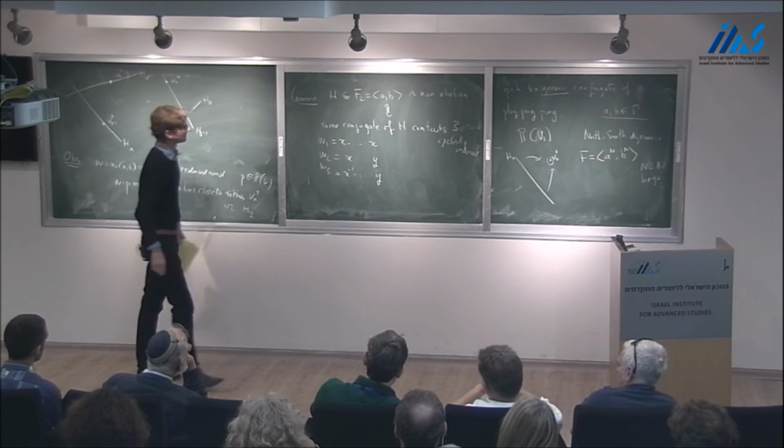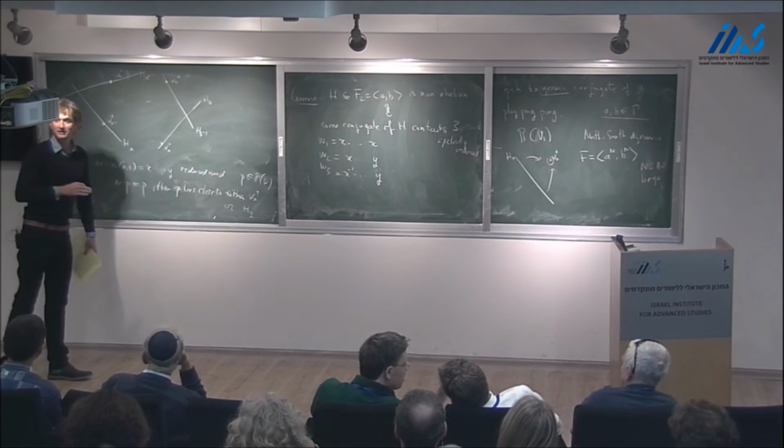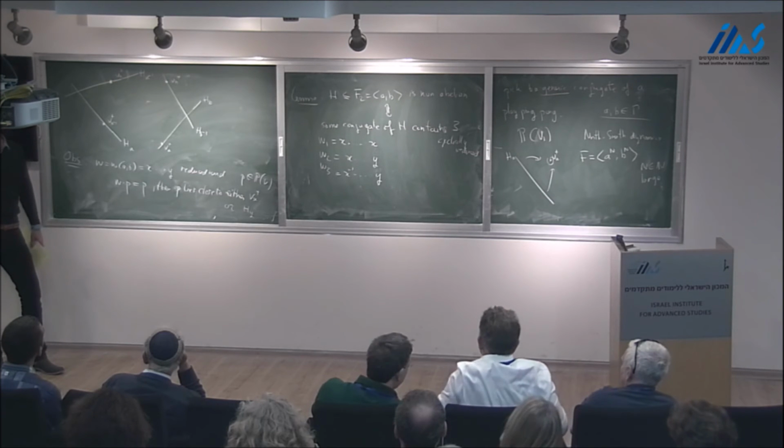Okay, so this is the lemma. So it's a characterization of non-abelian subgroups of the free groups.